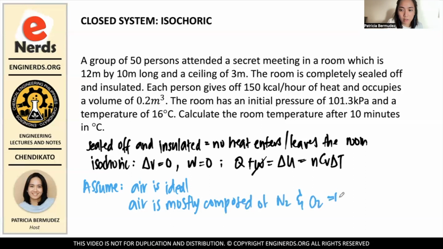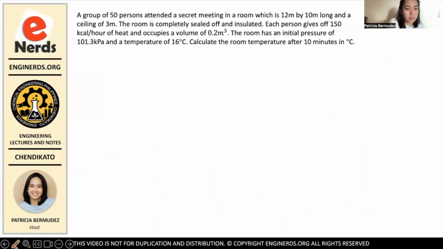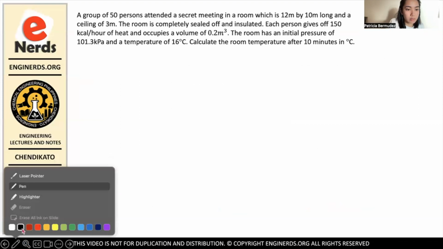And these are diatomic gases. And the Cv for diatomic is 5 over 2 R. Okay? So let's list down the given parameters.